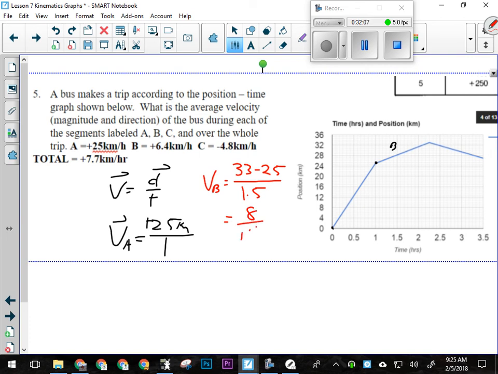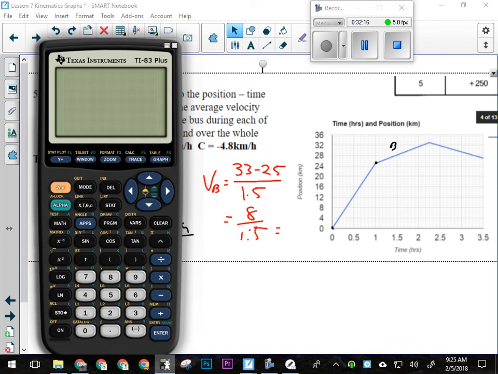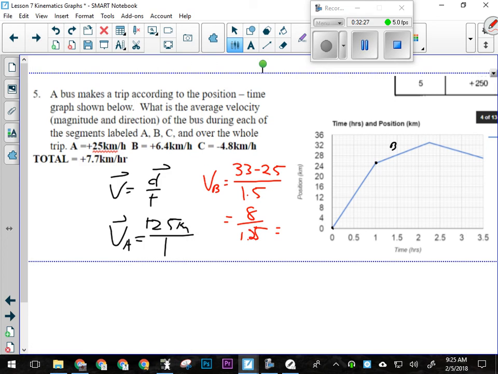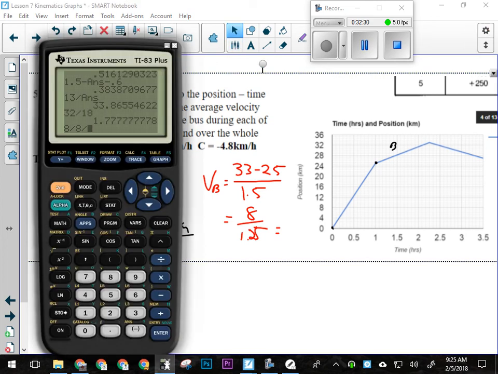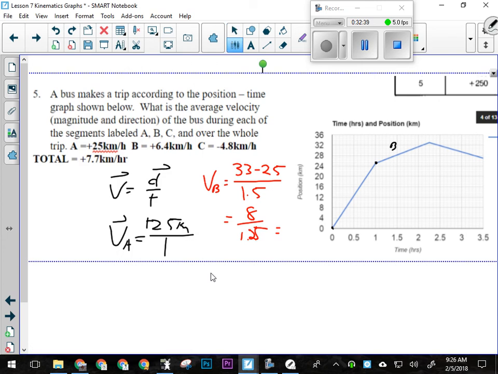So we've got 8 divided by 1.25, which should give us a positive 6.4 kilometers per hour. Oh, you're right, totally, sorry, 1.25 is over here. Okay, 6.4 kilometers per hour.